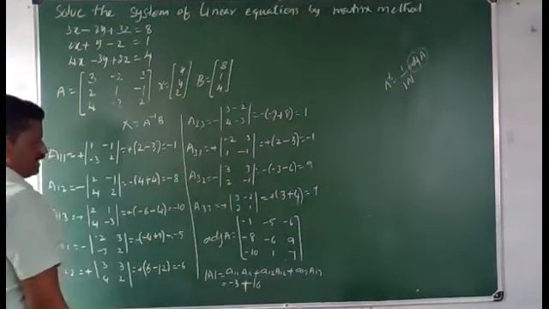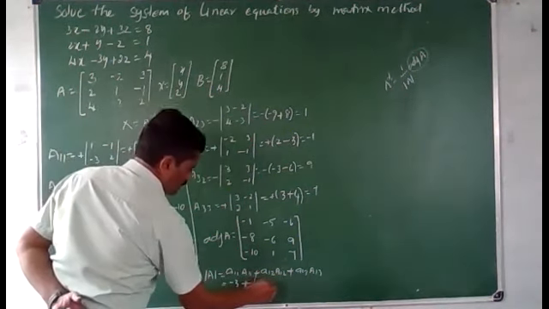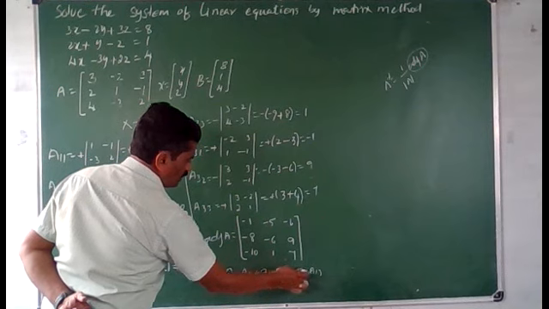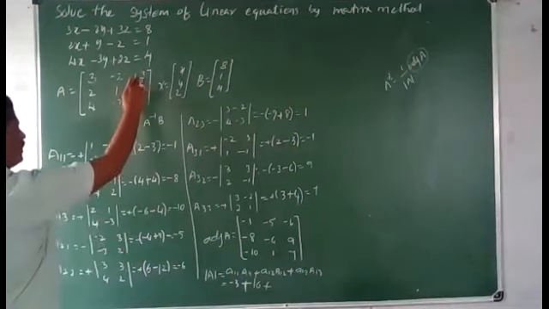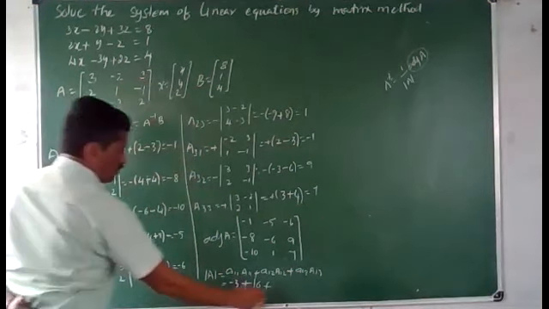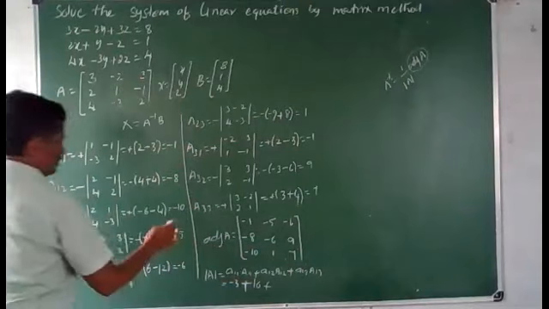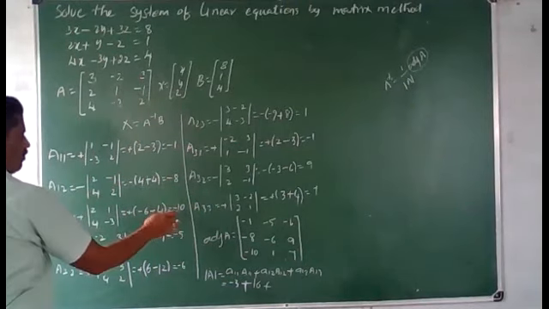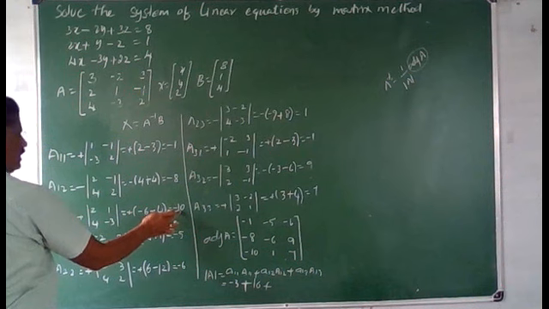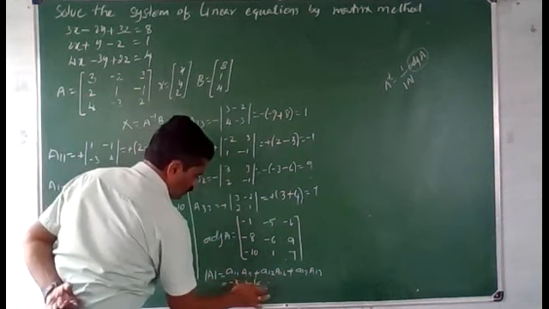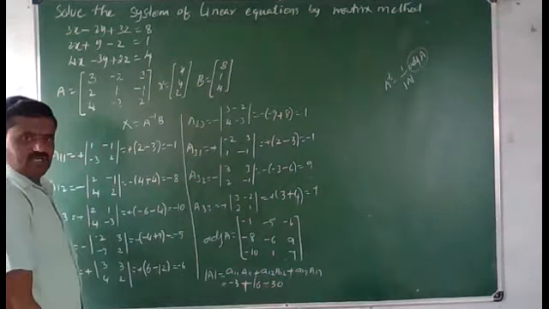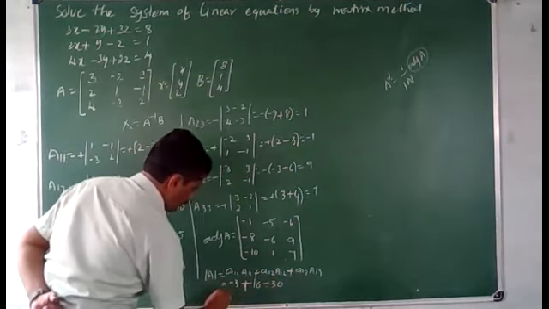Again we have plus small a13 into capital A13. What is small a13? That is 3. What is capital A13? That is minus 10. So 3 into minus 10, we have minus 30.